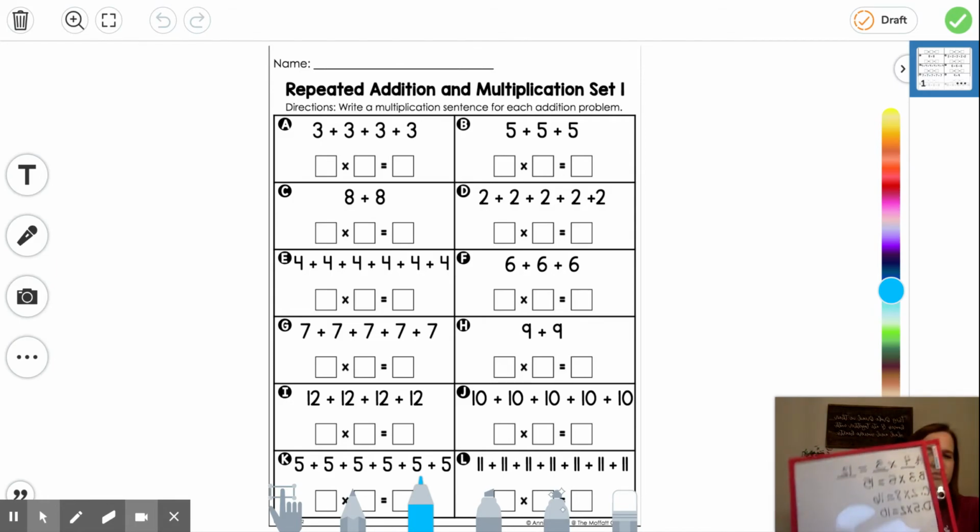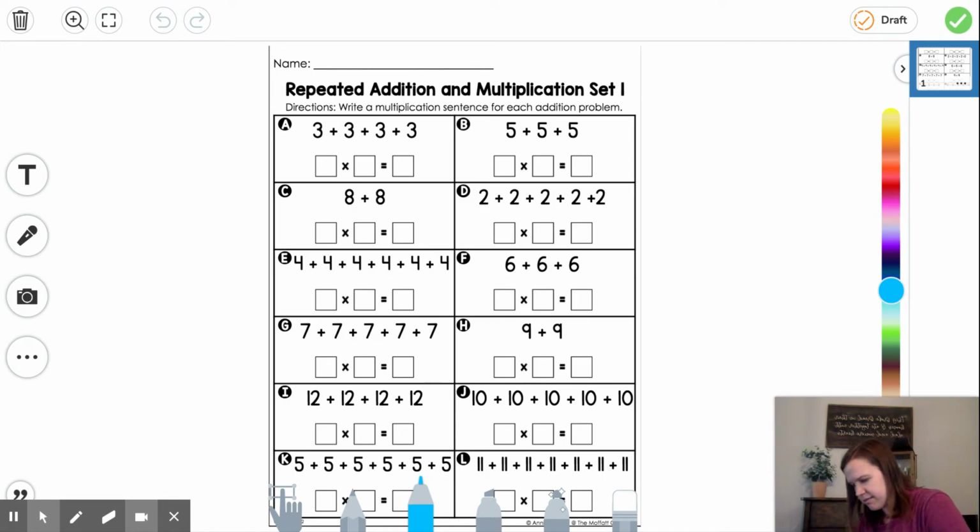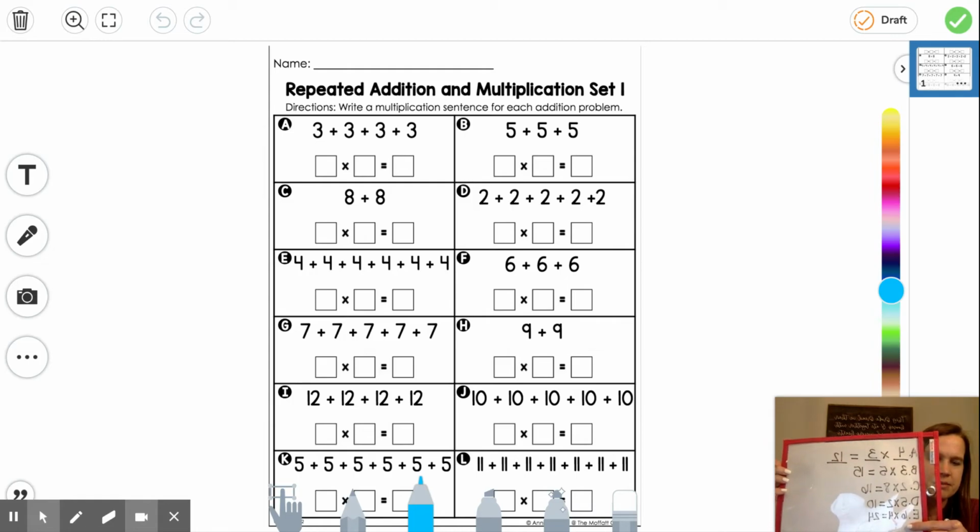So that's your answer for D. All right, let's go ahead and look at E. E is 1, 2, 3, 4, 5, 6 groups of 4, and 6 times 4 is 24. So for letter E, you should have 6 times 4 equals 24.